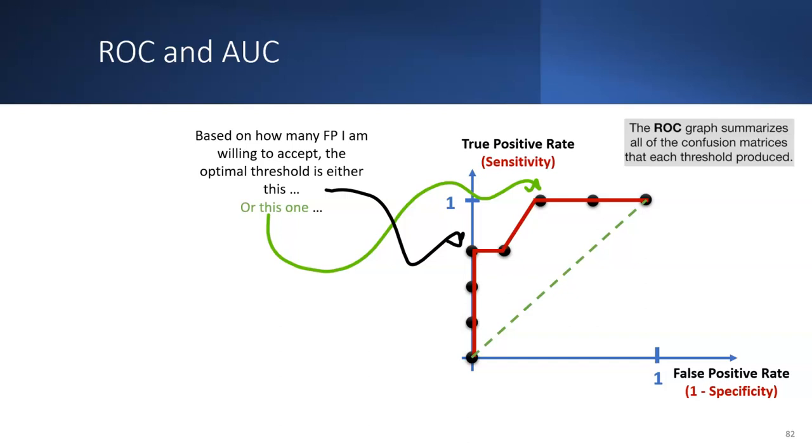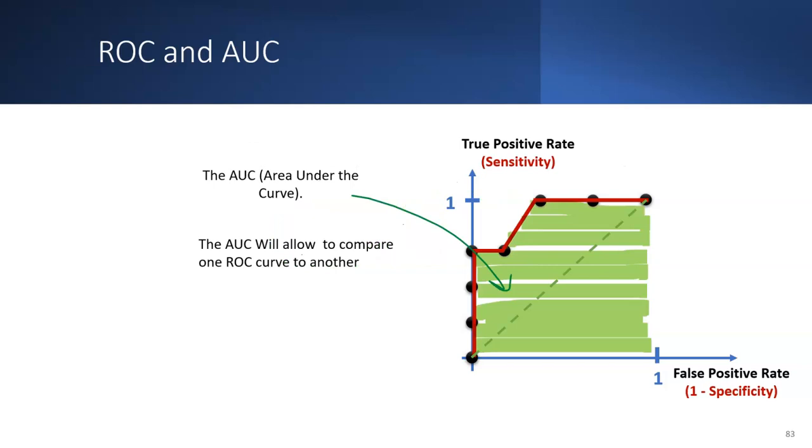Like in the optimization subject, we also see that some values are optimal, and we need to see which one we're going to accept as optimal. Sometimes we have one optimal value and sometimes two. So the ROC graph summarizes all of the confusion matrices that each threshold produces, and then we have AUC.